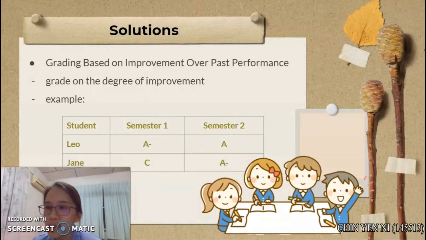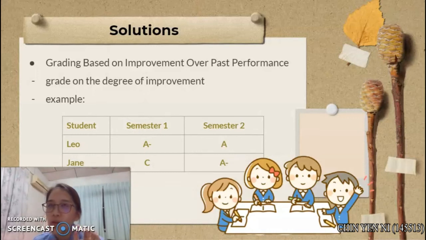So the question now is, who has better performance, who has better improvement? Jane has better improvement. So now some people might ask, hey, Leo gets A but Jane only A minus. Why is Jane better than Leo? This is because the teacher grades students based on improvement over past performance.